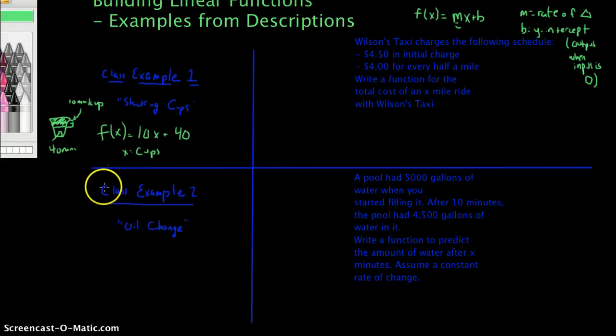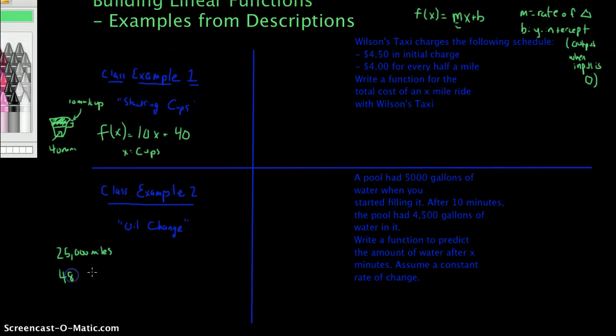Now we'll look at the oil change example. So I started off with 25,000 miles, and we wanted to write a function to predict how many I'd have after x days.